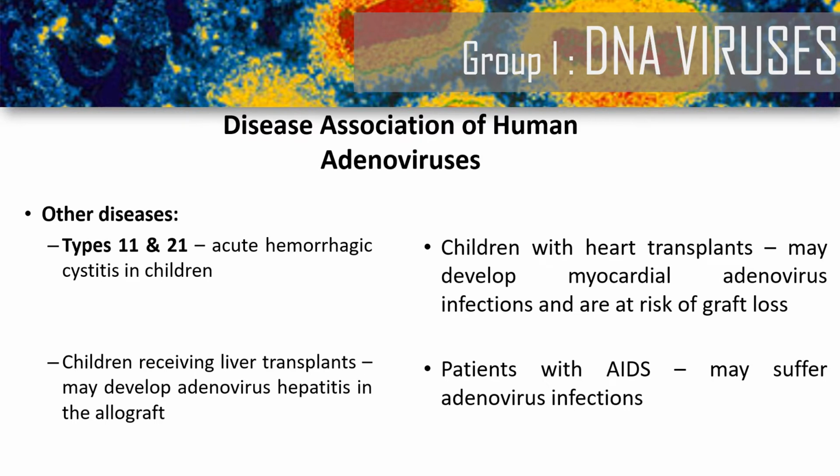Children receiving liver transplant may develop adenovirus hepatitis in the allograft, possibly. Okay, but rarely naman, class. Children with heart transplant may develop myocardial adenovirus infection and are at risk of graft loss. And patient with AIDS, okay, immunocompromised, may suffer adenovirus infection.